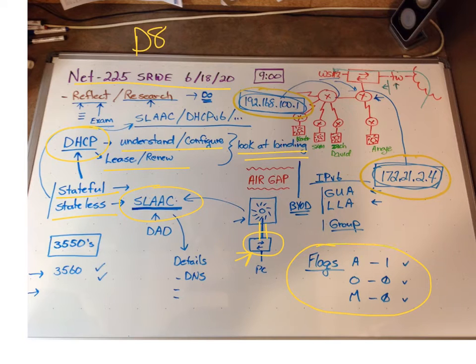If you're only SLAAC, if you're SLAAC and DHCP, the extra DHCP details like DNS wouldn't come from a regular SLAAC. If you want to think of it that way, and then all DHCP between the devices. We talked about the addressing.